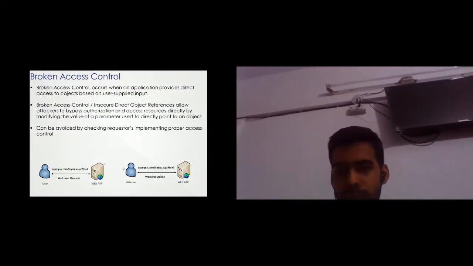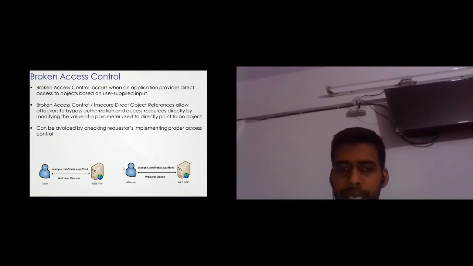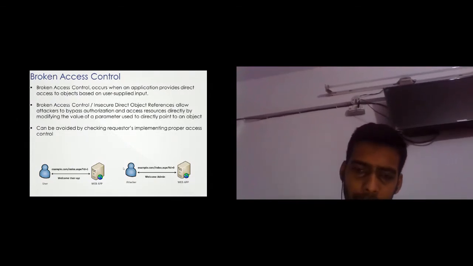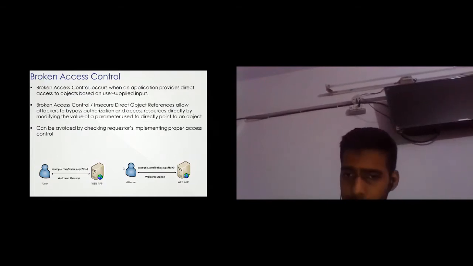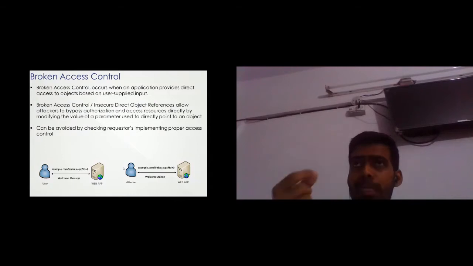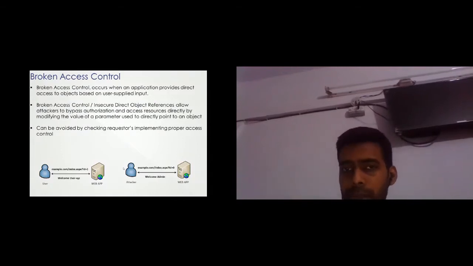When the same user or the attacker tries to manipulate the ID value, the server responds back with a different value and shows the information about a different user. So this is a very trivial example of broken access control.